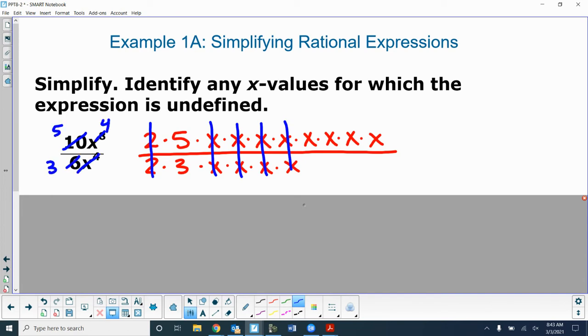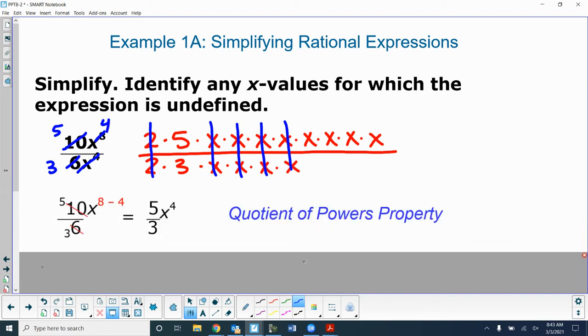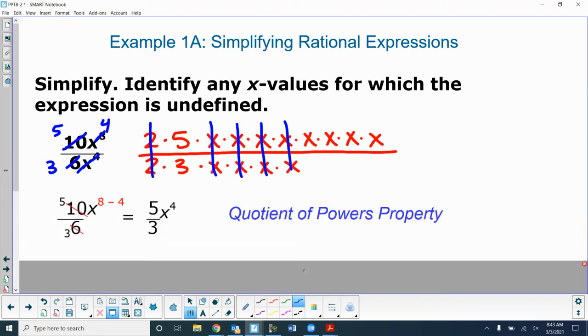Gives me 4 of them. Okay? But I wanted to show you factored out, because when we get to the x squared plus 2x minus 4, we're going to have to factor first. We can't just start canceling stuff. When it's all multiplication, we can just go ahead and cancel stuff. Does that make sense?